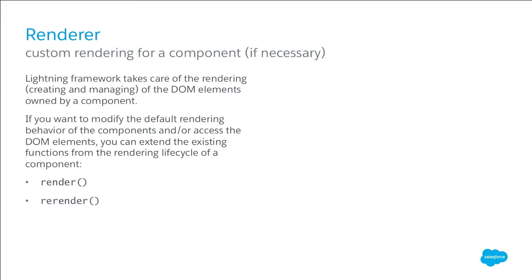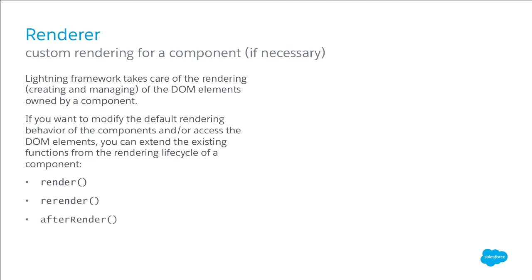And there's also rerender. Render happens for the first time when the component is called. Right? Rerender happens when something changes in the component. It has to transform into something, like when we change the attribute in the previous example. Right? So it changes the text on the component. So that's a re-rendering that happens automatically. And you can override that.